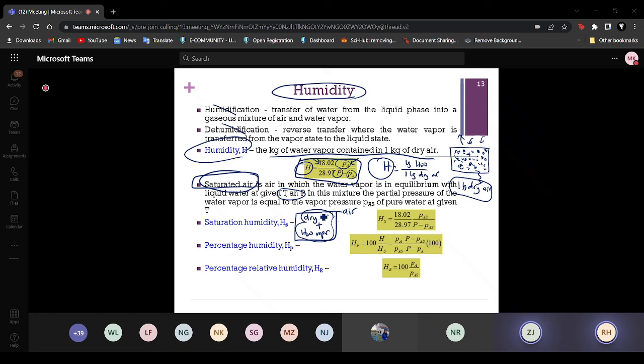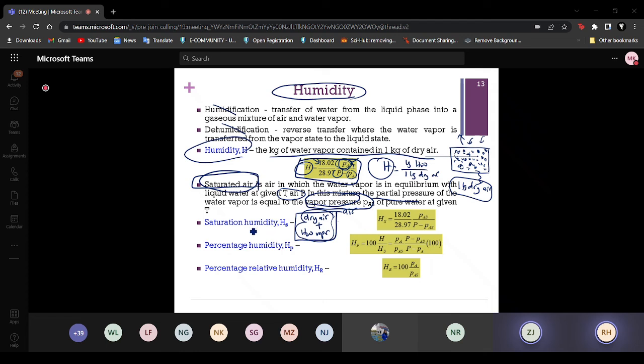Okay, so the vapor pressure, remember there was the vapor pressure earlier, P small A, is basically equal to the vapor pressure. Now you use the vapor pressure. In saturated air, partial pressure equals vapor pressure. Where can you get the vapor pressure? From the steam table.